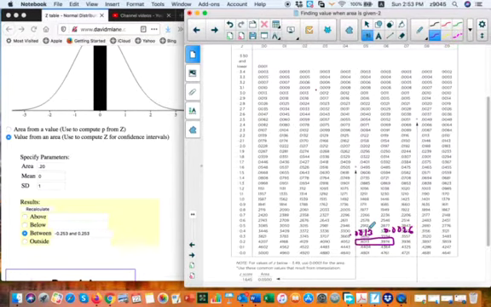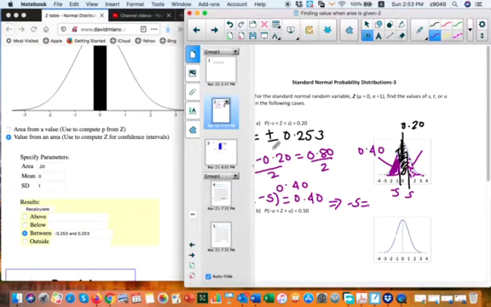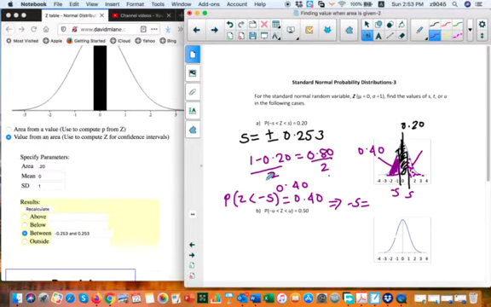So the value corresponding to z is, let's go back to the table, minus 0.2, 0, 1, 2, 3, 4, 5, minus 0.25. So the value of z is minus 0.25, and we can see that the values are exactly the same. We have the approximated value with the table, minus 0.25.